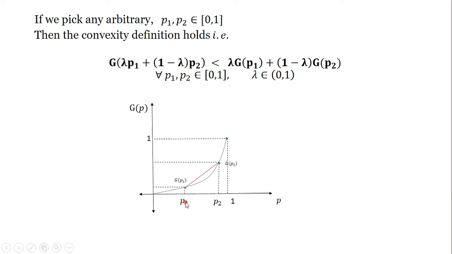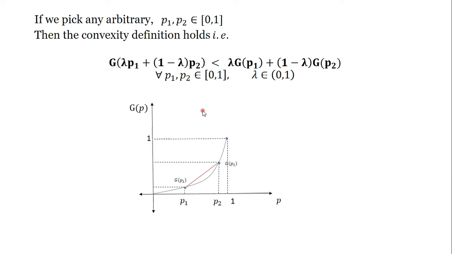If we put the convex combination of p1 and p2 in this function, we get g of lambda p1 plus 1 minus lambda p2, and we can clearly see that this always lies below this red line, and the red line is the convex combination of g of p1 and g of p2, where lambda belongs to 0, 1 and for all p1 and p2. So this tells you that this function is convex.